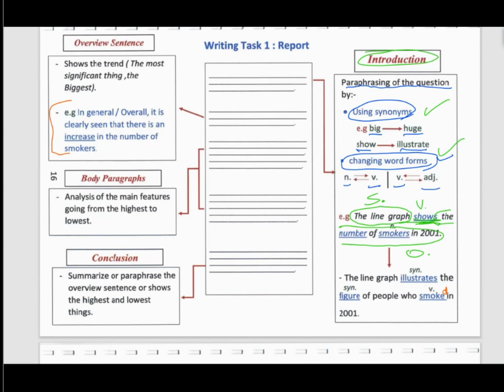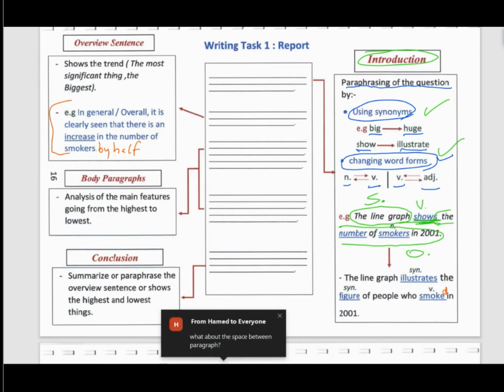You can, if you want, add by half, for example, or by quarter, or by 50% compared with the year of 2005, for example, if there are 2 years. But if you put it like that, very general, you are on the right side.